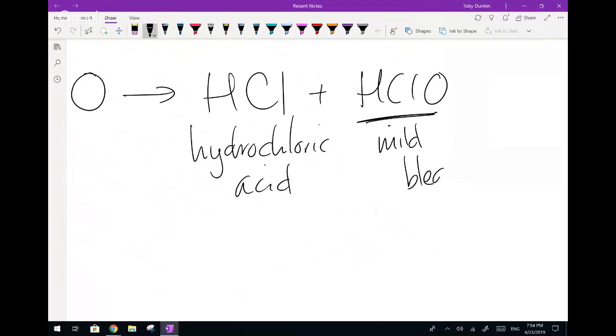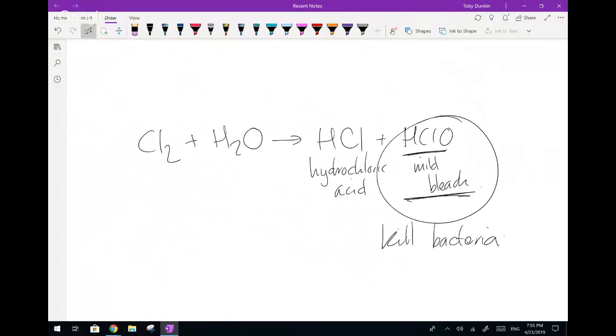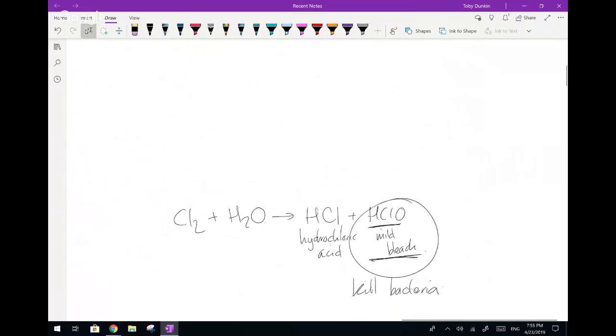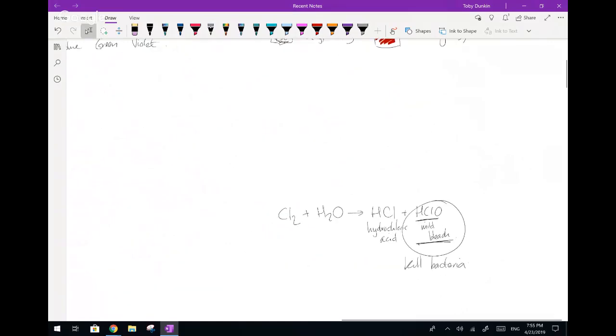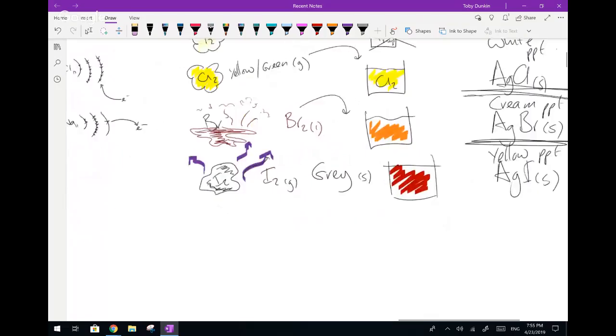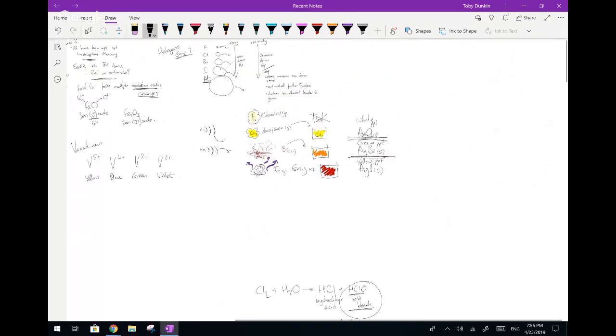And that is what kills bacteria. So your eyes sting because of the hydrochloric acid, and the HClO kills the bacteria. And chlorine is toxic, and yet we still add it. The reason is we add it in such small quantities that it's safe. It's not going to affect us. We're a big organism compared to bacteria, which are tiny organisms. So it'll kill bacteria easily, but it won't kill us.